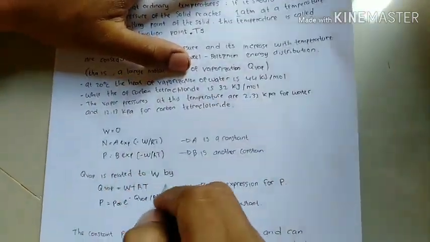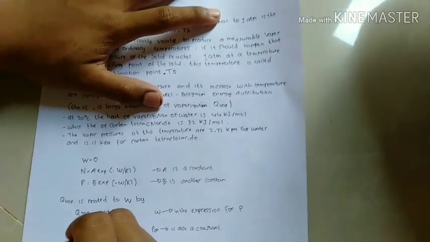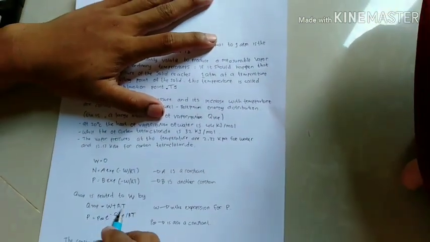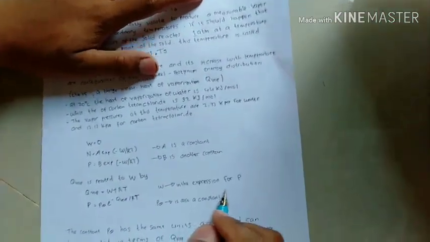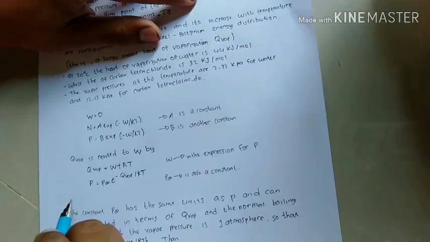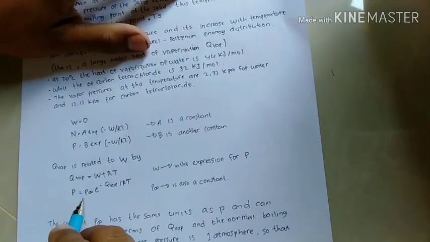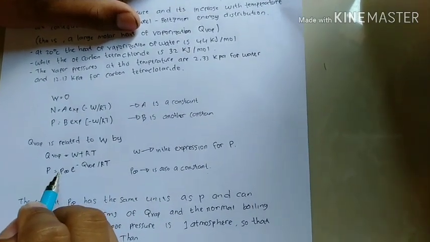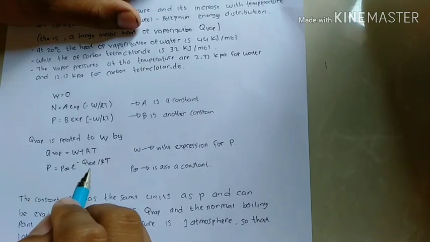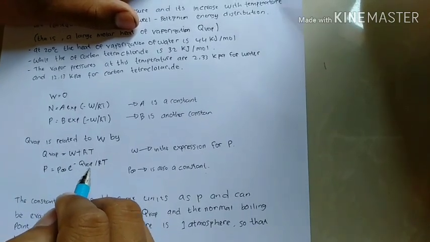Q5 is related to B by Q5 equals B plus RT. P equals A times e to the power of minus Q5 over RT.